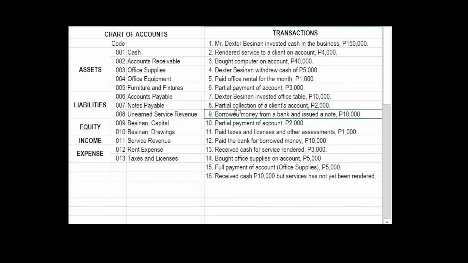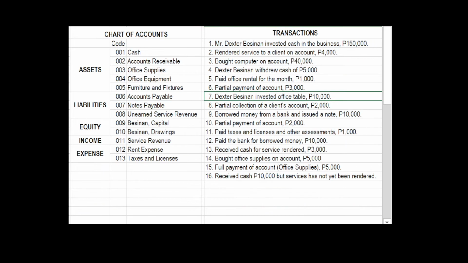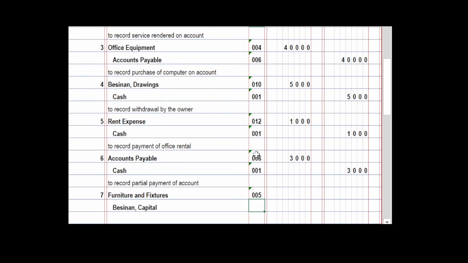So, debit tayo ng furniture and fixtures, credit tayo ng Bisinan capital. Yung code 005 and then 10,000.